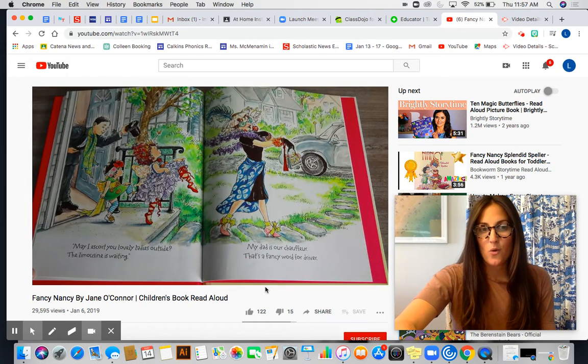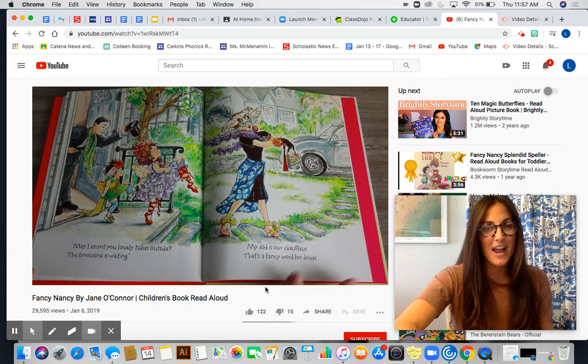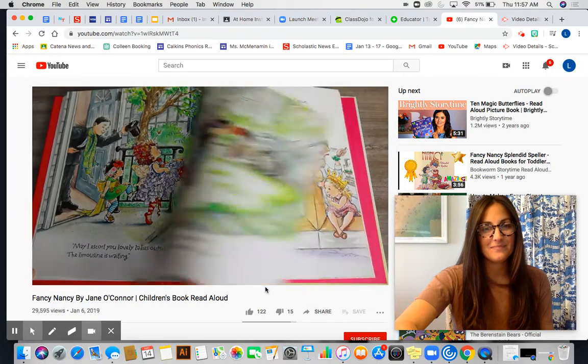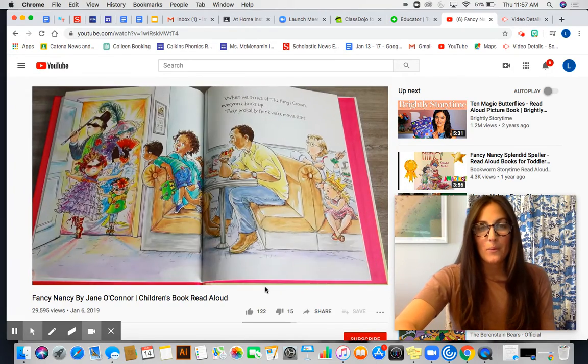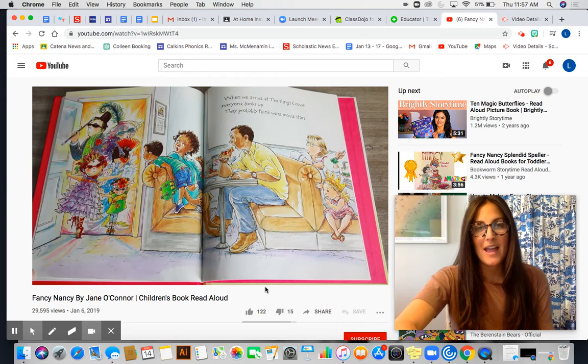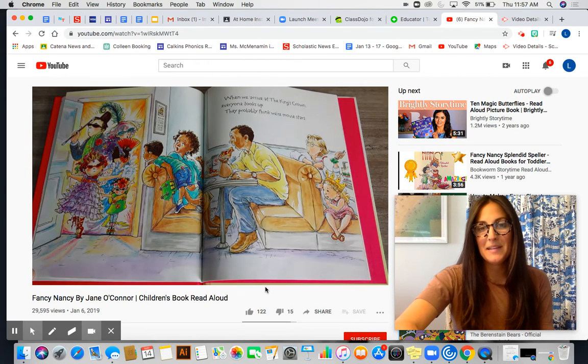May I escort you lovely ladies outside? The limousine is waiting. My dad is our chauffeur. That's a fancy word for driver. When we arrive at the King's Crown, everyone looks up. They probably think we're movie stars.